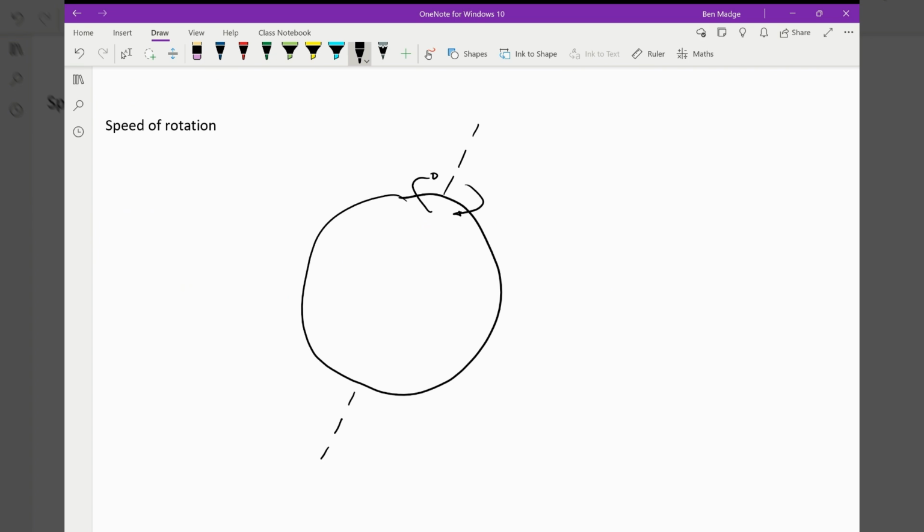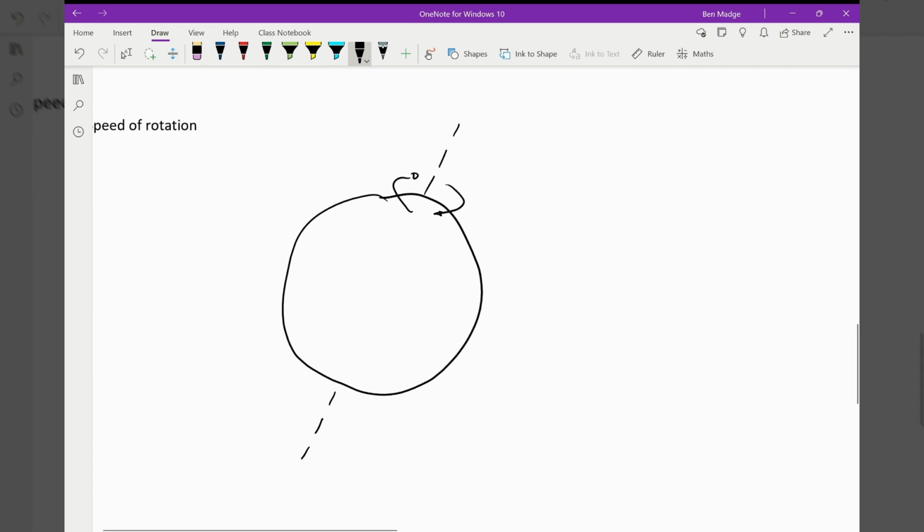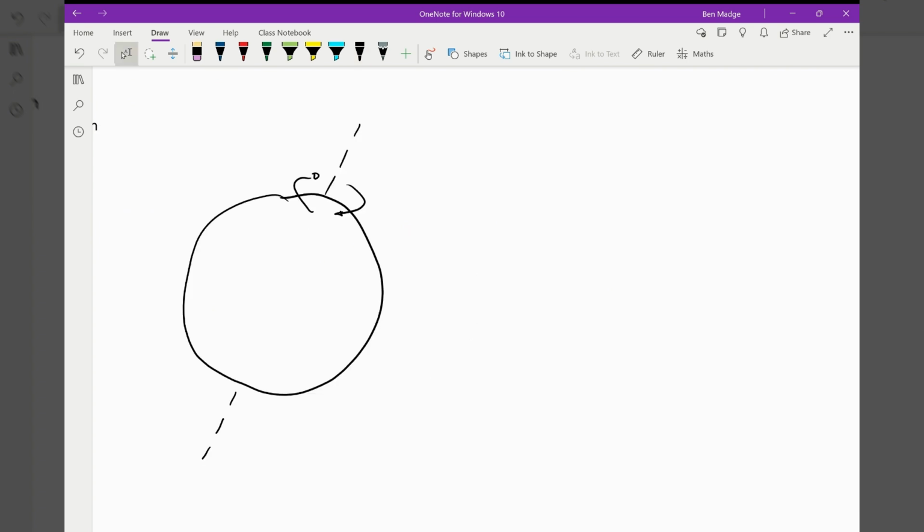Now this is really important because it means that not one part of the planet is ever exposed to the sun for longer than any other part of the planet.